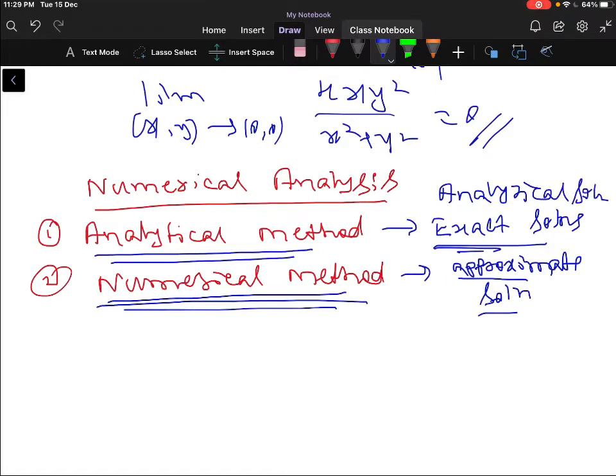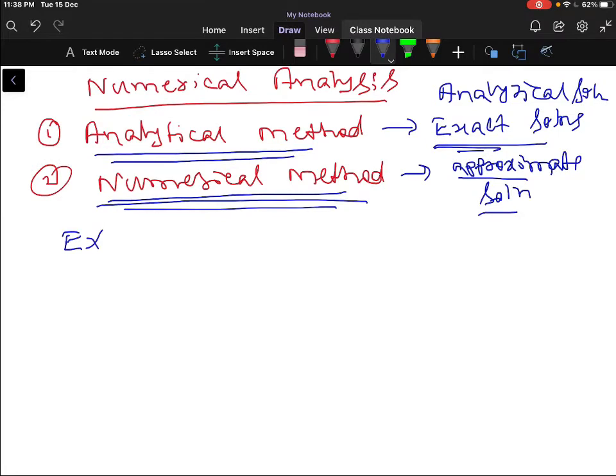So then the numerical method plays a very important role in finding the solution for such problems. Therefore, the numerical method is an efficient tool to solve such problems.